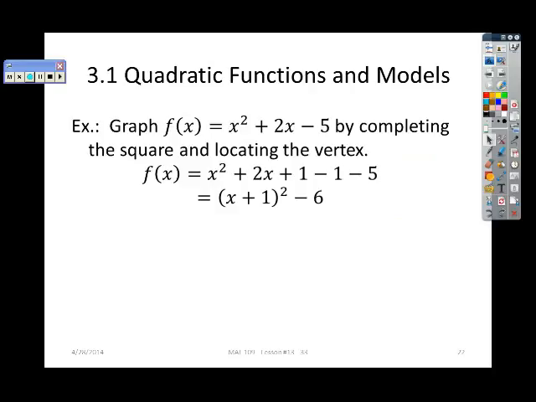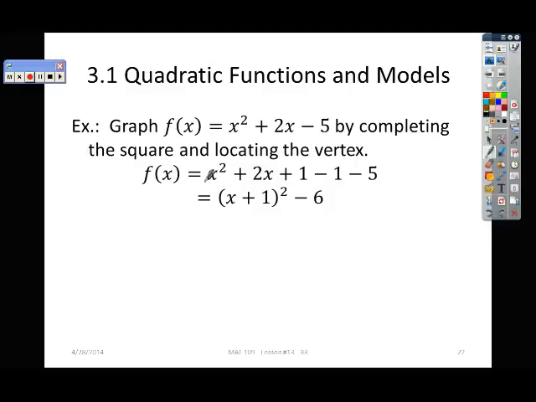So I can take these first 3 right here, and they factor into this: x plus 1 times x plus 1. If I combine these, I get the minus 6.